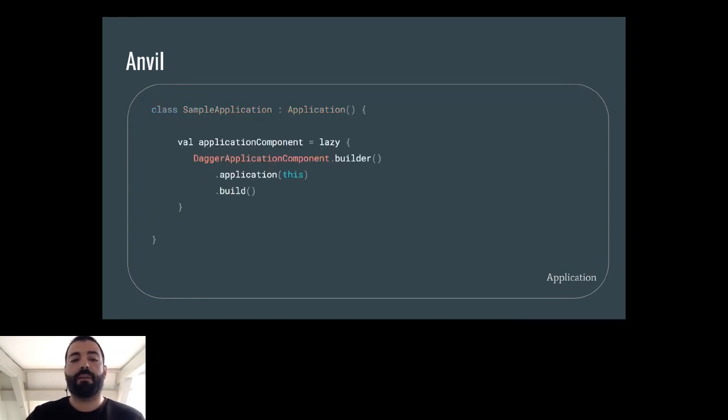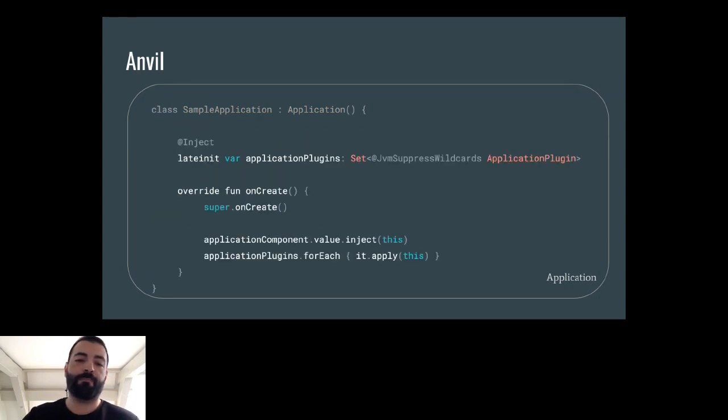So moving forward, now what we have is this sample application. And here I'm going to create my component, a Dagger component. Then I'm going to inject a set of application plugins. I have to get the component, inject this, and then access the application plugins and call forEach plugin to apply, so that whatever dependency from whichever feature needs to be registered or initialized can be done here.